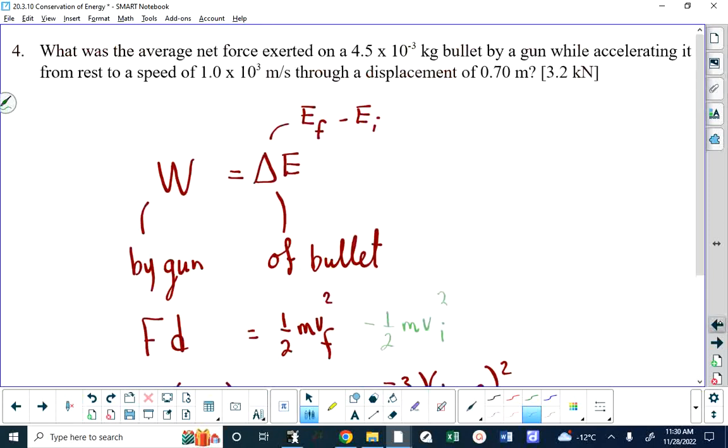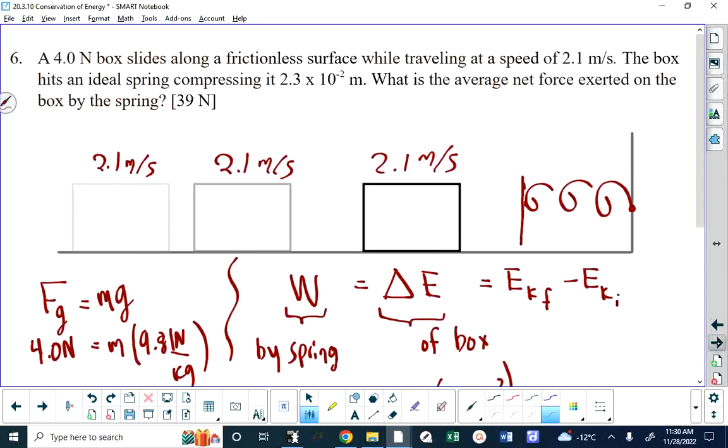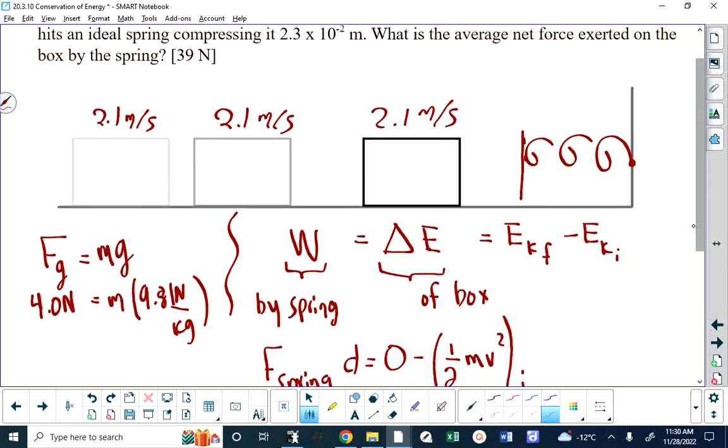Here, would I be able to say the work done is the change in the mechanical energy of the bullet? Sure. 1/2 mv squared is mechanical. In question 6, would I be able to say the work done by the spring is equal to the mechanical energy change of the box?